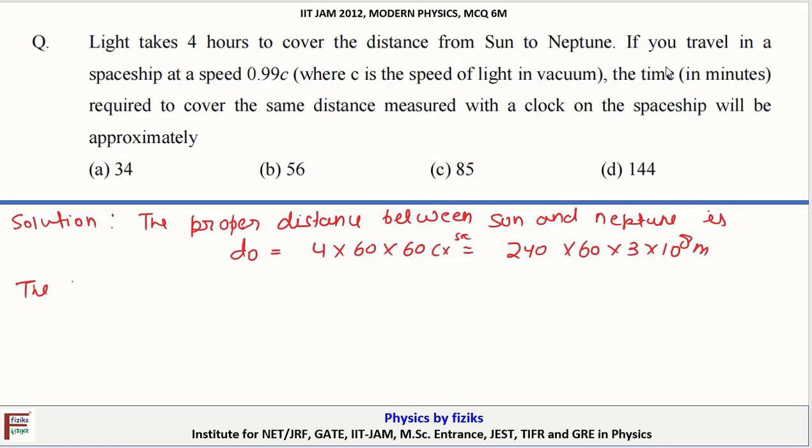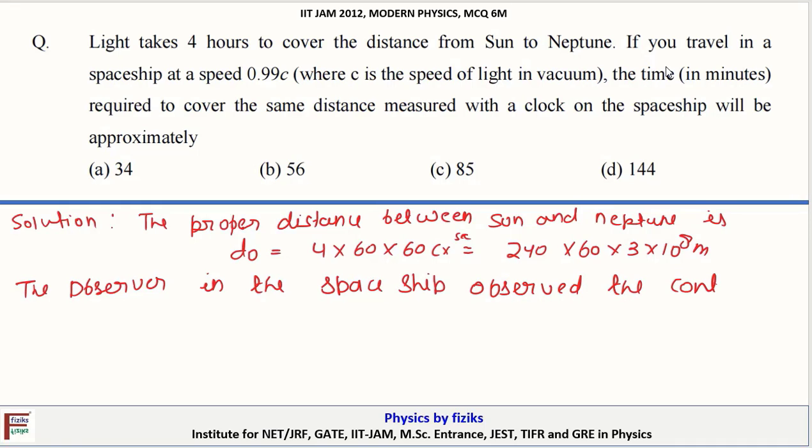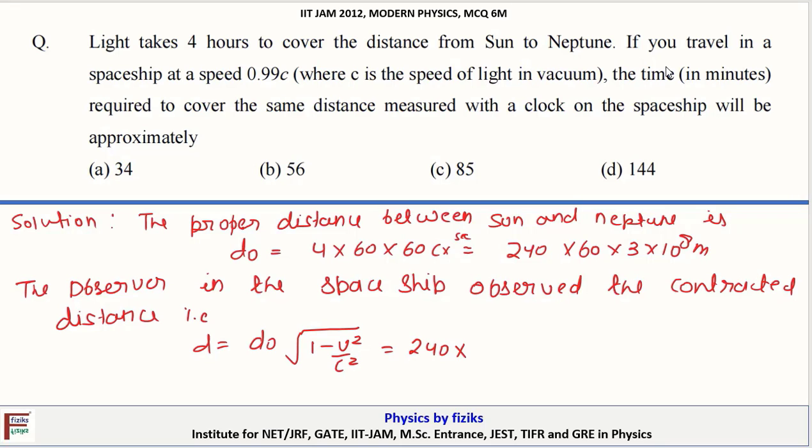Further, the observer in the spaceship observes the contracted distance, that is D is equal to D0 root over 1 minus V square by C square, which is equal to 240 into 60 into 3 into 10 to the power 8 root over 1 minus 0.99 square.